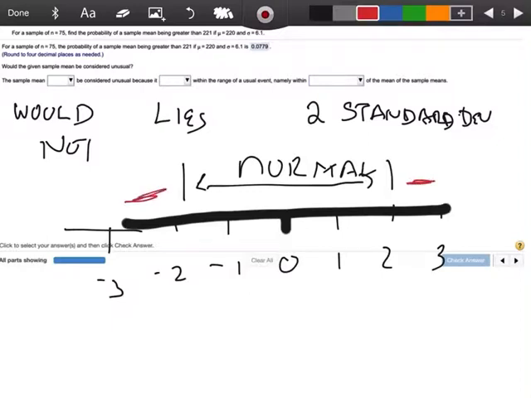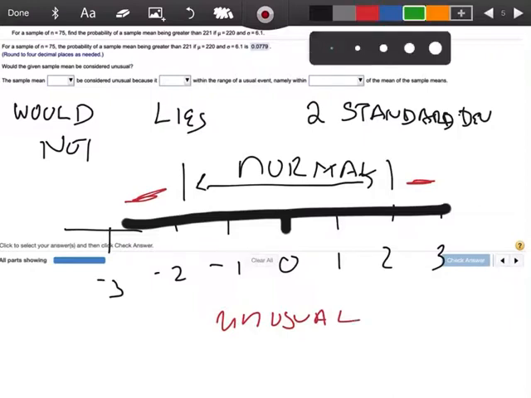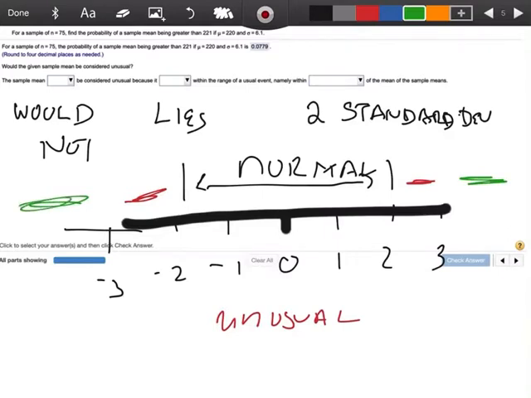This piece here and this piece here was unusual. And the green part, which would be on the outside of the 3s, was considered very unusual. I hope that helps. I hope that provides a little bit more information.